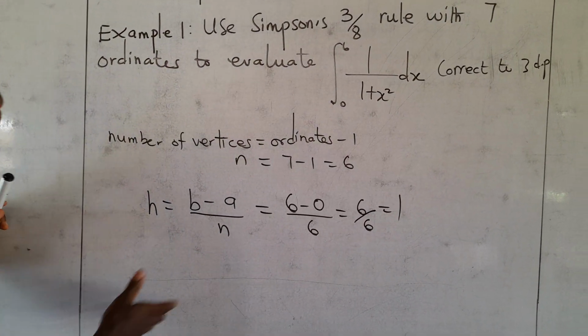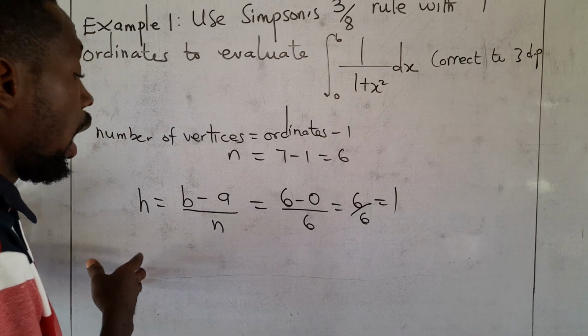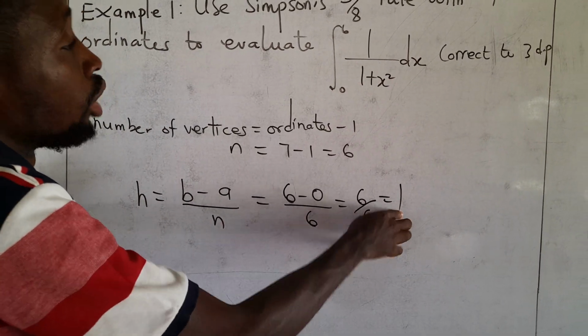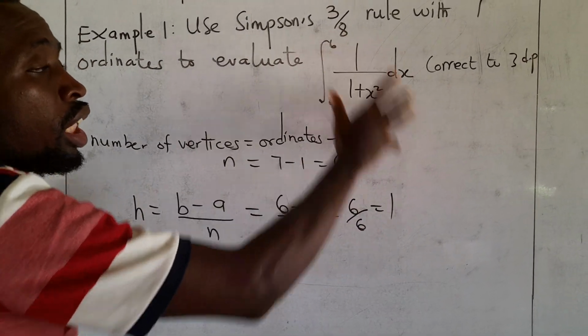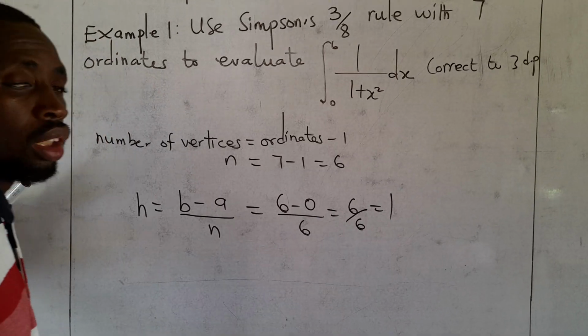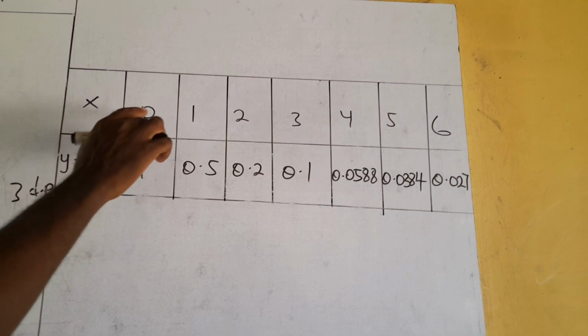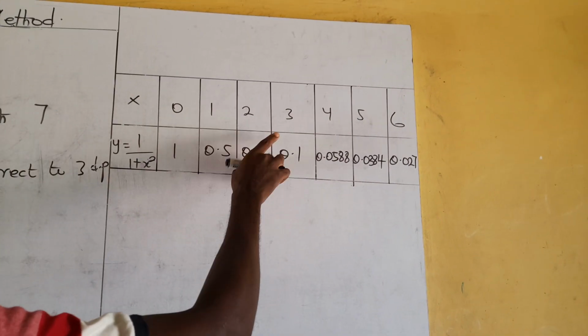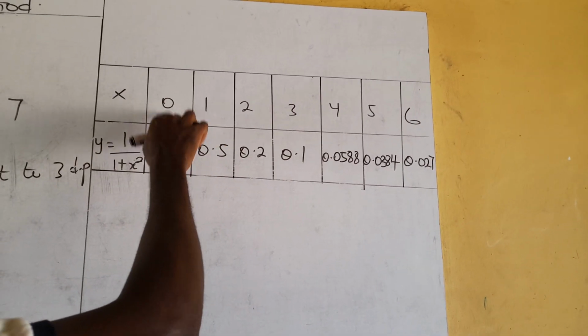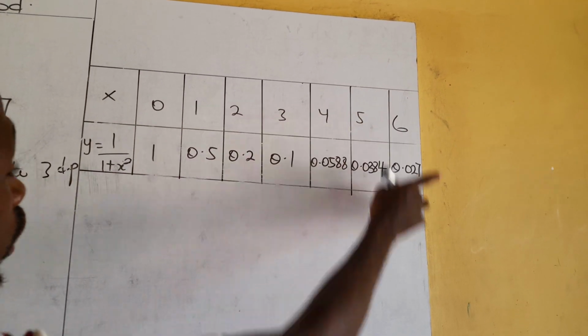So we'll construct a table of values for x, starting from 0 to 6, and the interval will be 1. So 0, 1, 2, 3, 4, 5, 6.